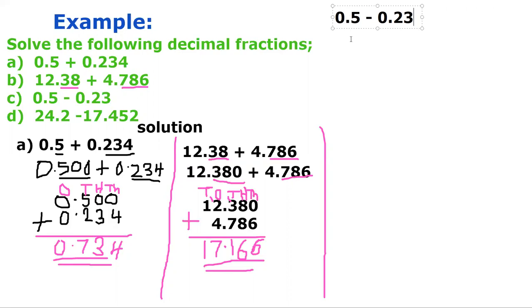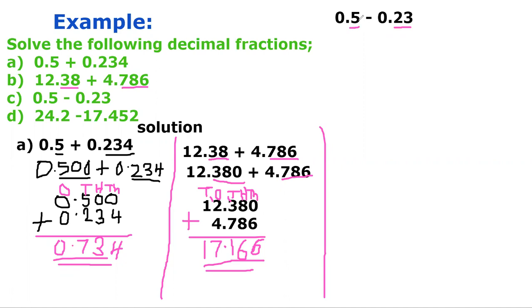So let's quickly balance the decimal numbers here. The first one has 1 decimal digit and the second has 2. So the first one needs a 0 added so that it will be equal to the second decimal number.